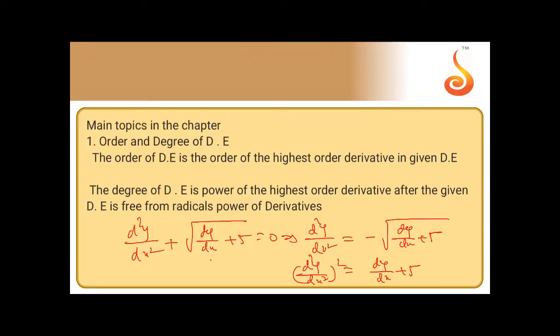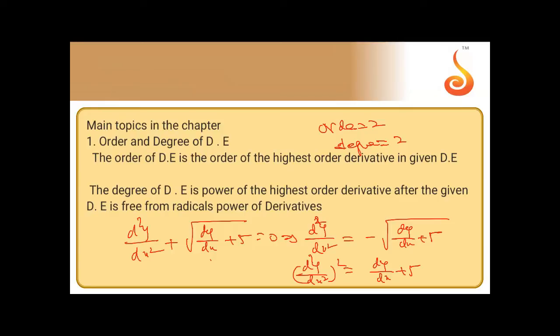What is the order and what is the degree? The derivative powers should be free from radical powers. Order is 2 and degree is also 2. Both are the same. So that is how you find the degree and order of a differential equation.